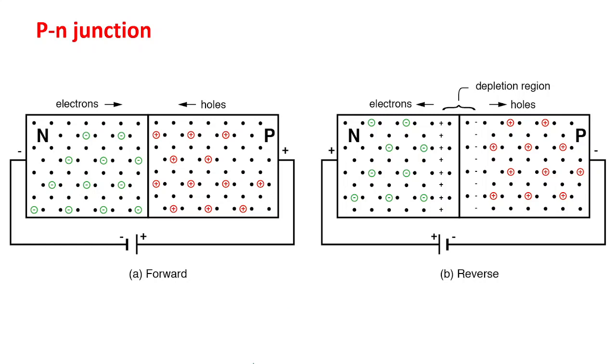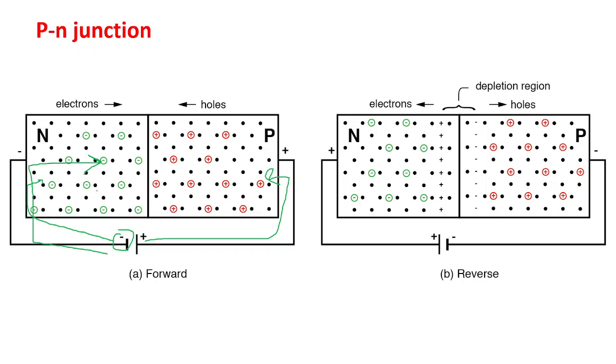If the negative point of the battery is connected with the n-type material and the positive point of the battery is connected to the p-type material, then the electrons from the battery will flow toward the n-type material.